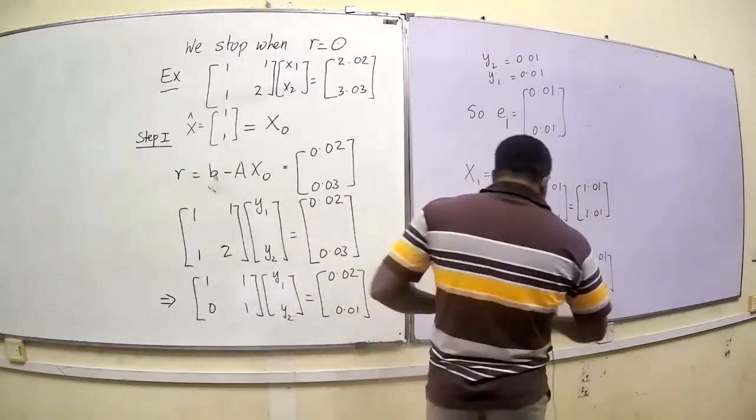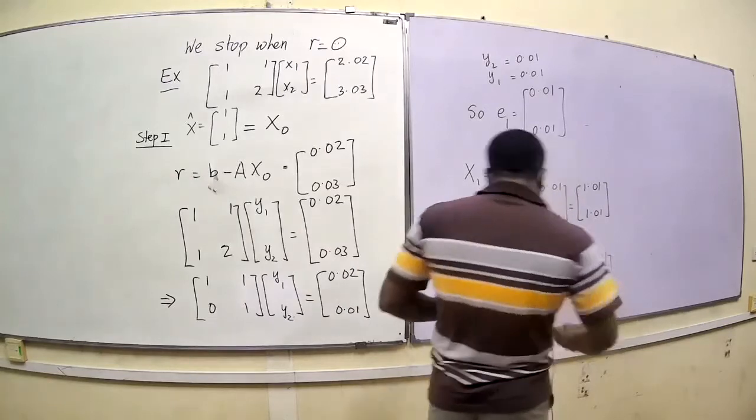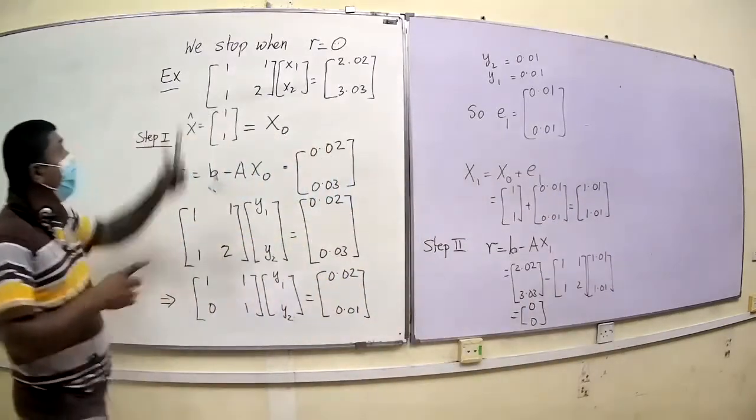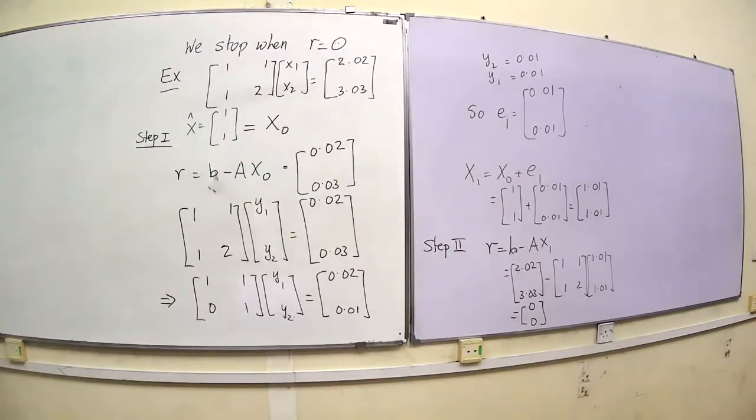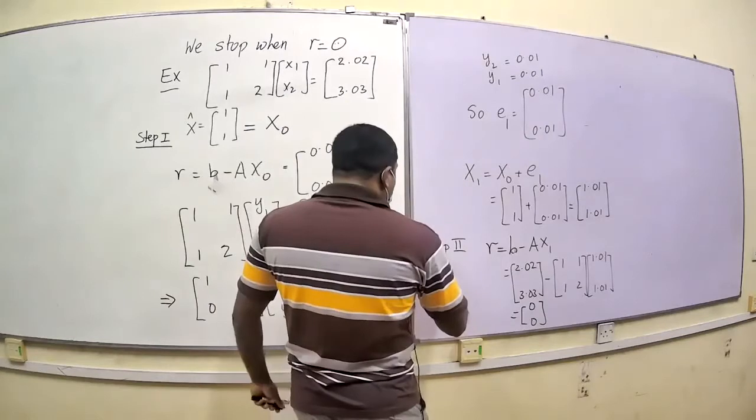And so if you work it out, you will get 0, 0. So when you get R equal to 0, you can stop. So your real solution is this. So we stop.